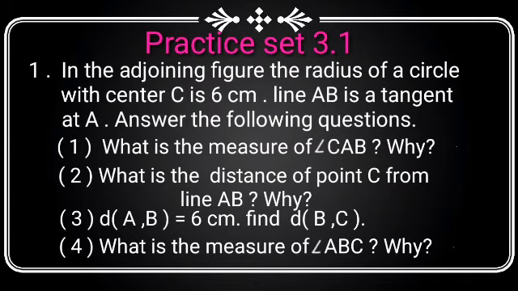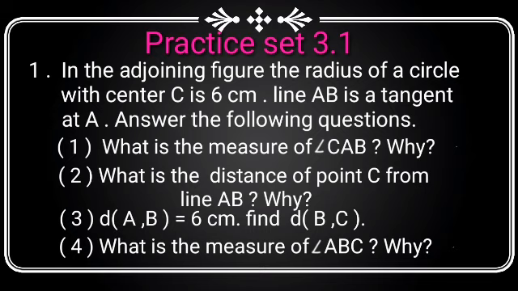Practice set 3.1, example number 1. In the adjoining figure, the radius of a circle with center C is 6 centimeters. Line AB is a tangent at A. Answer the following questions.